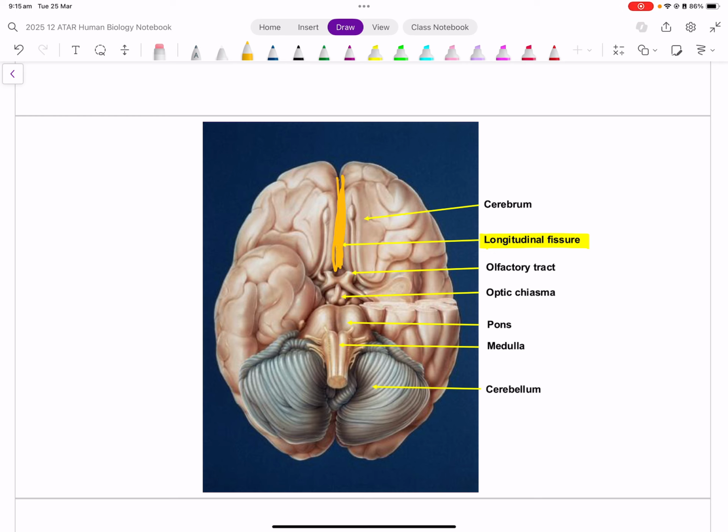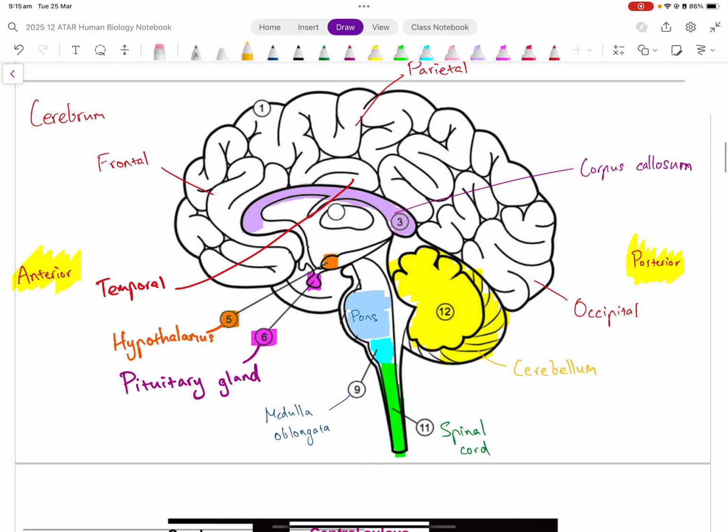In this longitudinal fissure, this is where we get the separation between the left and the right brain. However, there is one structure that connects the two, and that was our corpus callosum. If I scroll back up here very quickly, we can see in purple, this corpus callosum is what connects those two lobes of the brain together, despite that longitudinal fissure.